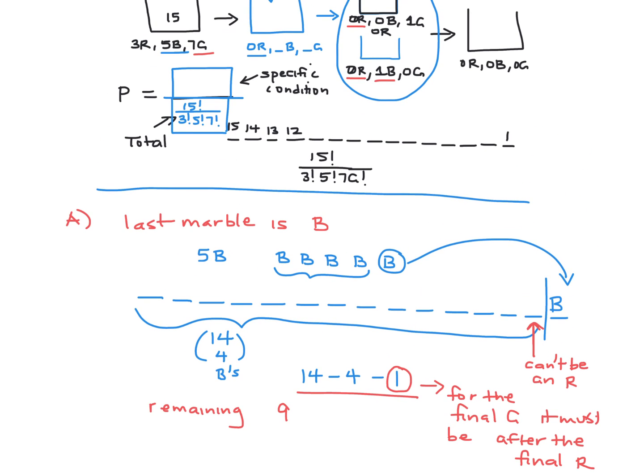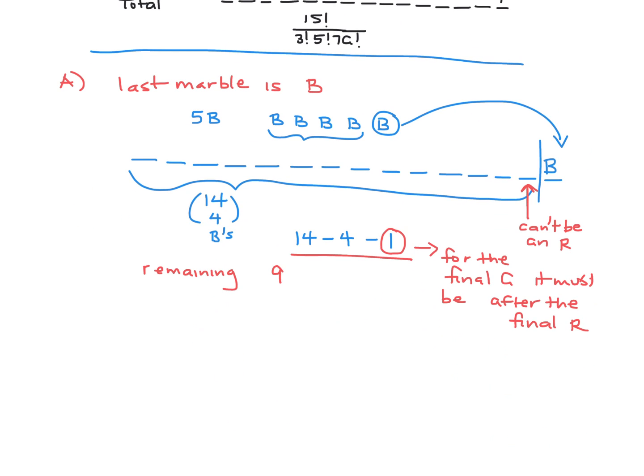Since there were 7, and this one accounts for 1 of the G's, we have to select the other 6 G's. So for the G's, the 6 G's, and this was the 4 B's. So the total for that scenario would be 14 choose 4, and then 9 choose 6.